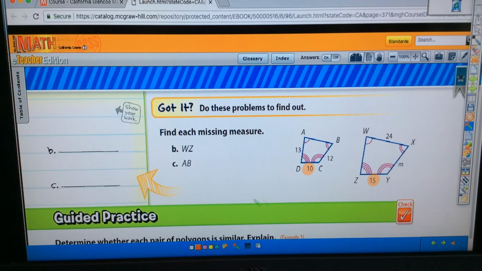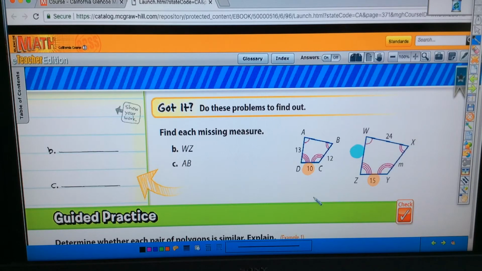They're asking you to figure out what WZ is. So that's going to be this side here. I'm going to put that in blue, right? So this is the unknown. I'm not going to call it X because X is already being used.